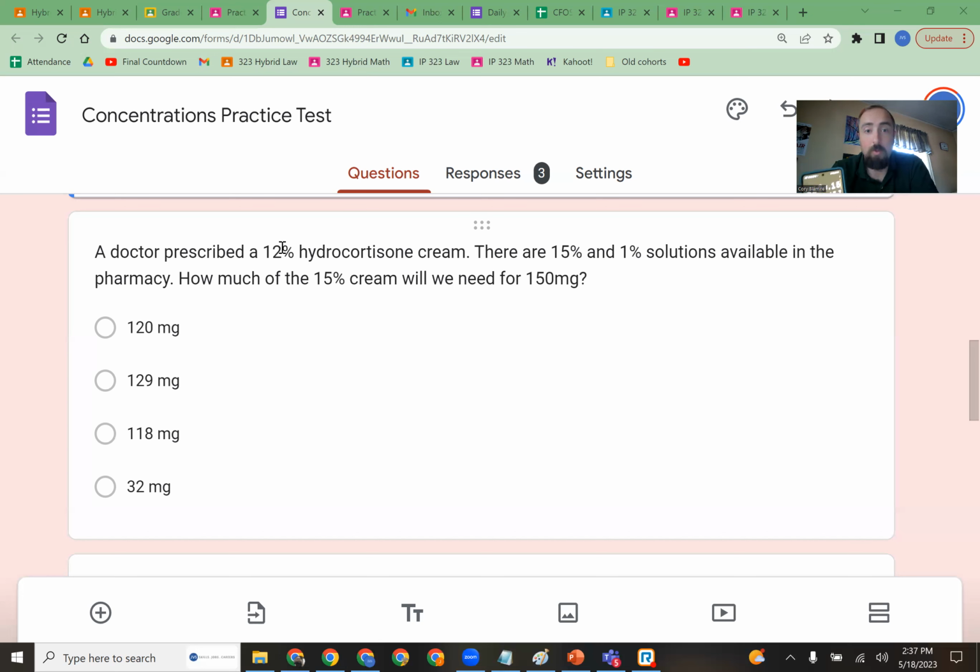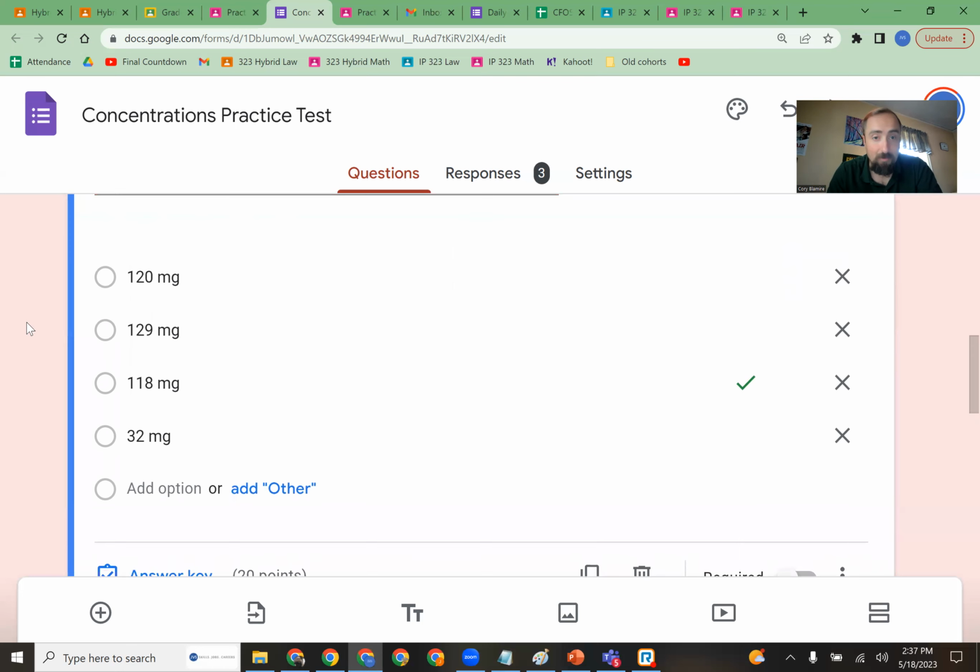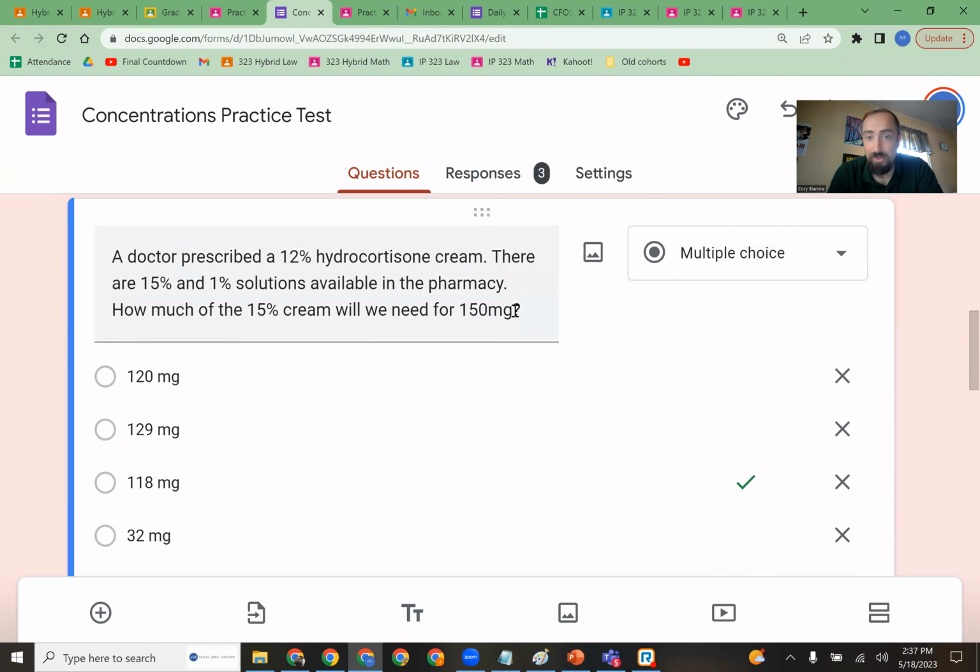Okay, now what we want to get to, we know. We want to get to 150 milligrams of 12%, because it says that right there in the problem. We're getting to this quantity, to this strength. So when all is said and done, we want to be at a point where there's 150 milligrams of cream, 12% of that is hydrocortisone.